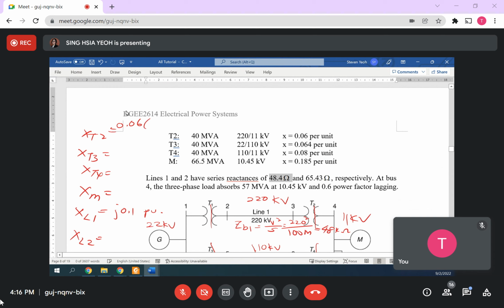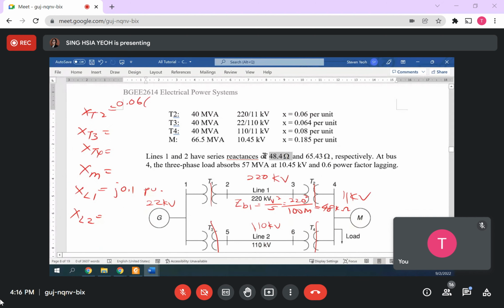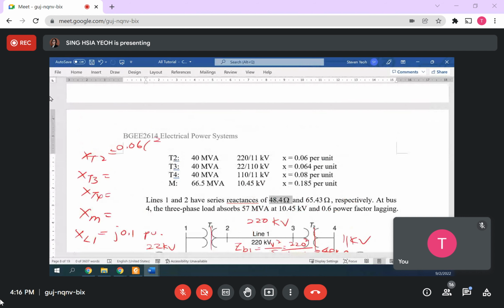Then the new Z value for T2 should be 220 and 220, right? So the voltage is the same. Then it will be 100 over 40. So you should get 0.15 j pu.